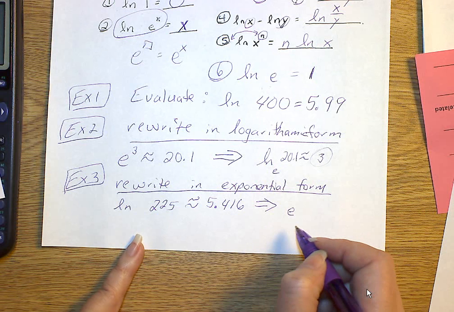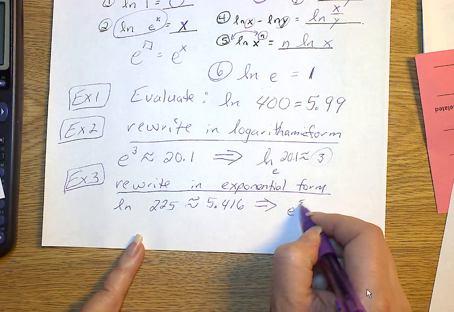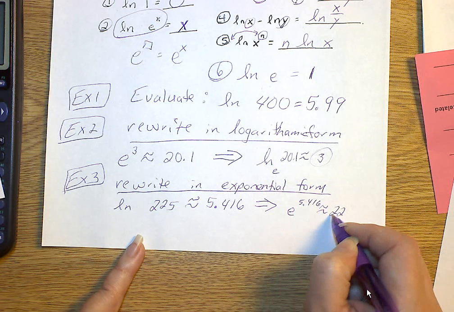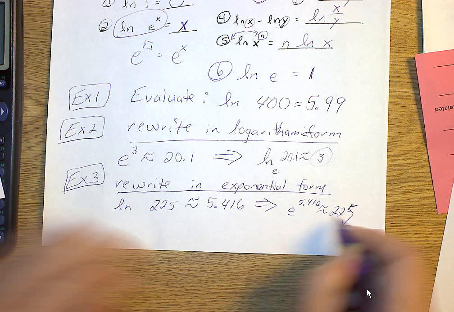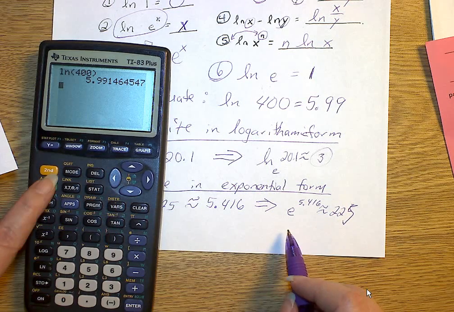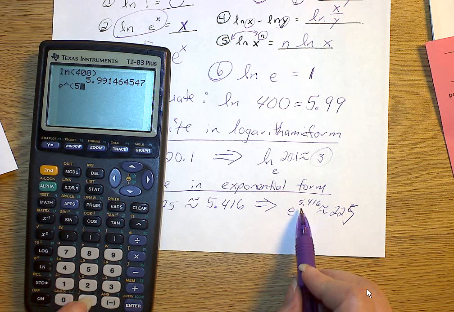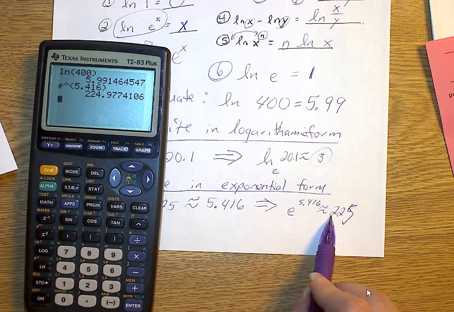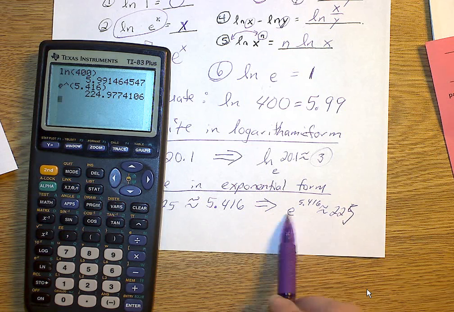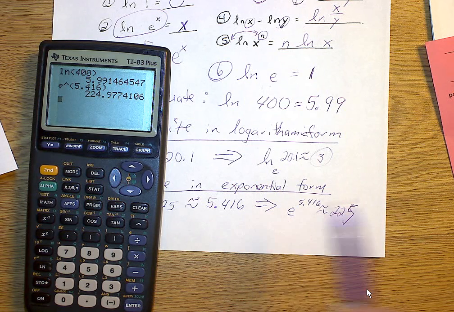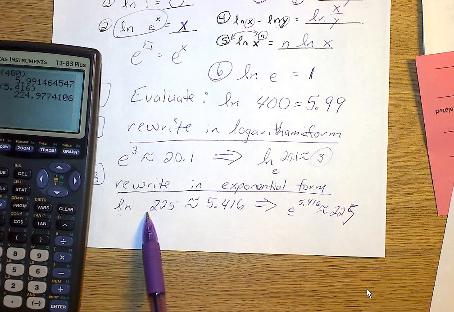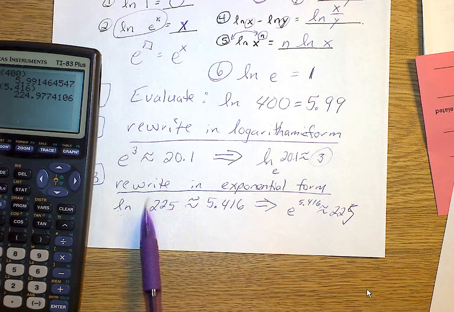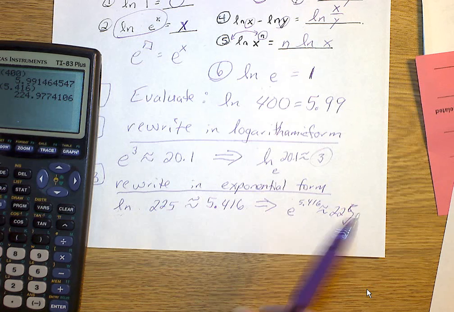Exponent, 5.416. And my answer, 225. Now, I will tell you, if you put in your calculator e to the 5.416 and press enter, it should be approximately 225. That way you know what you're writing is a true statement. If you put in your calculator ln of 225, you should get 5.416. It's just rewriting it, and those are still correct.